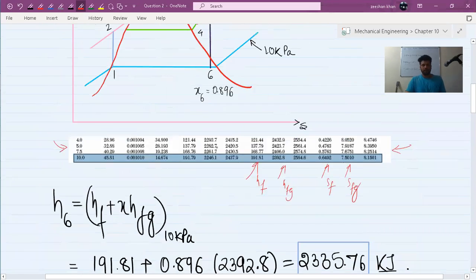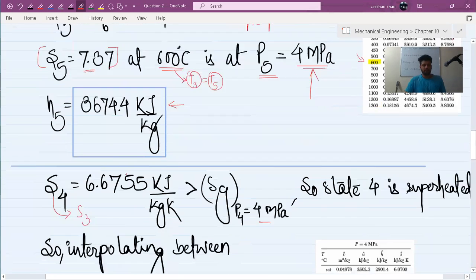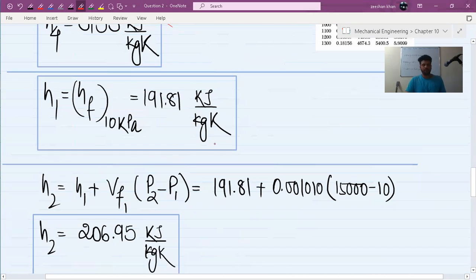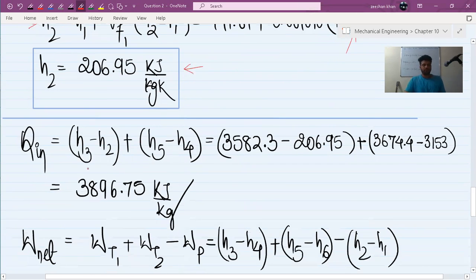It's going to be HF at 10 kilopascals, so you can get H1 from that table of 10 kilopascals. And then H2 is going to be again that formula: H2 is equal to H1 plus Vf1 into P2 minus P1, keeping in mind that the pressures are in kilopascals. So that gets you H2.